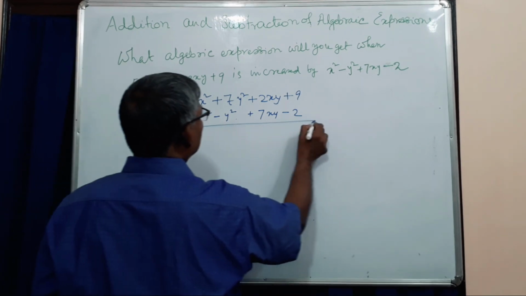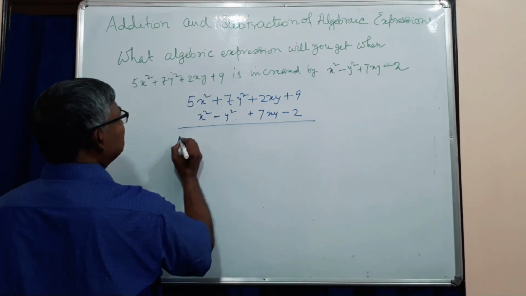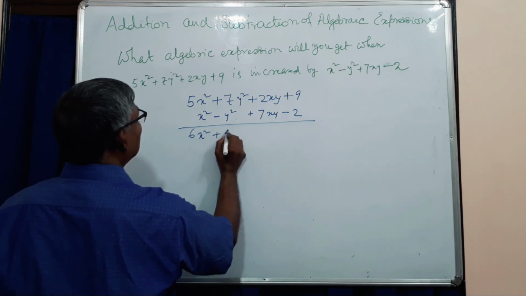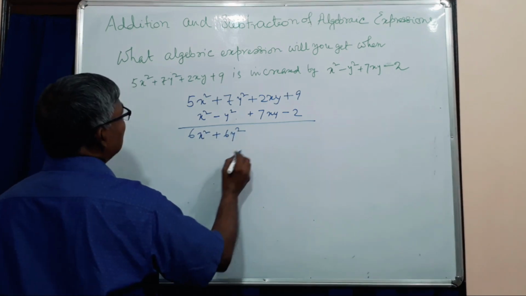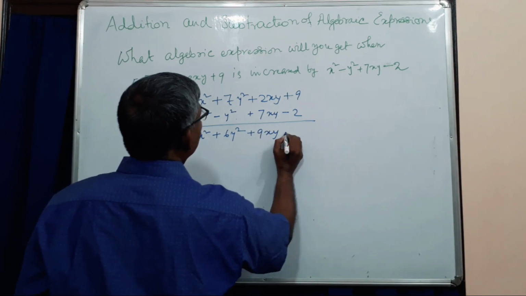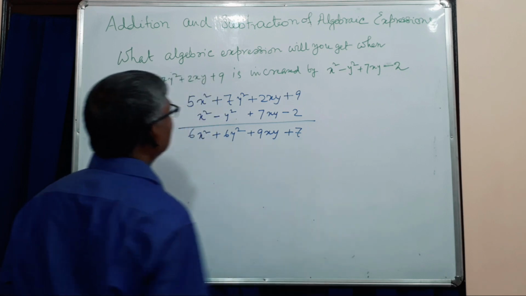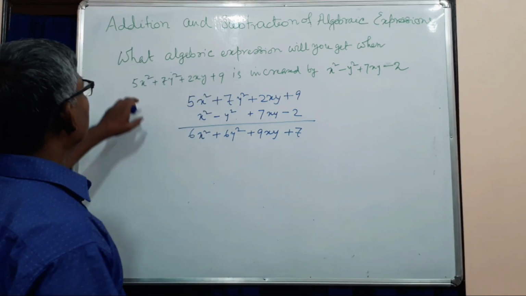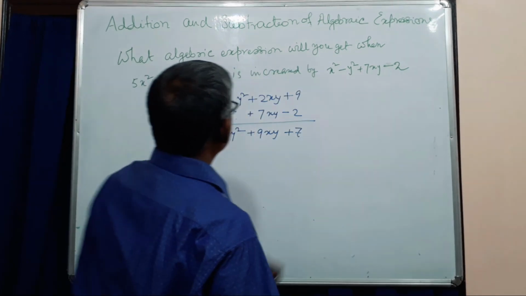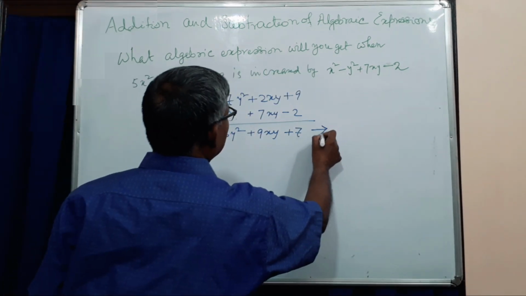So the result will be, simply add, 6x square plus 6y square plus 9xy plus 7. You see what algebraic expression you get. This is the algebraic expression.